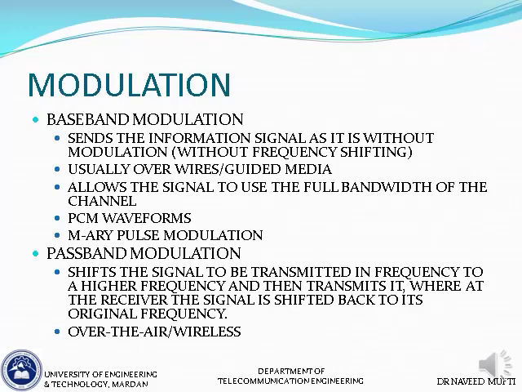Coming over to passband modulation, in passband modulation we will see a shifting of the spectrum: shifting the signal to be transmitted to a higher frequency and then transmitting it, where at the receiver the signal is shifted back to its original frequency. So we normally see a frequency shift or frequency translation.